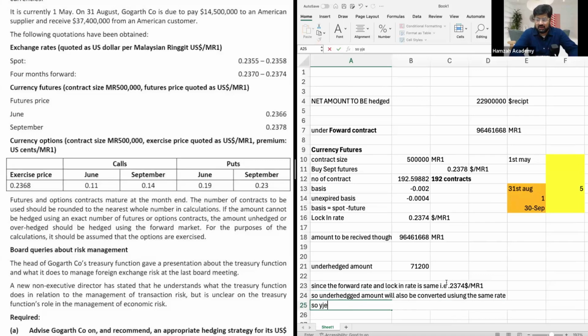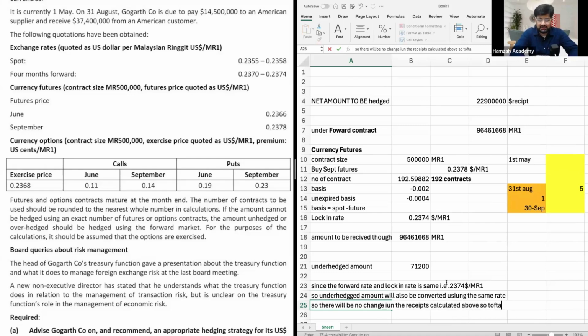So there will be no change in the receipts calculated above.